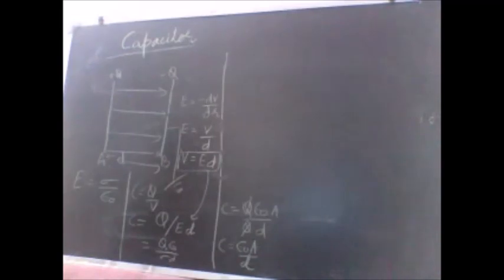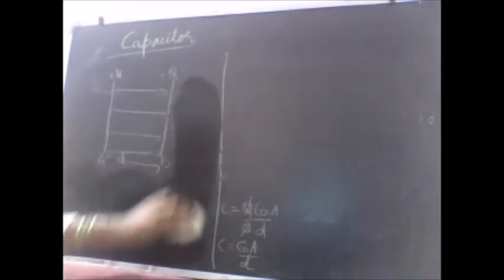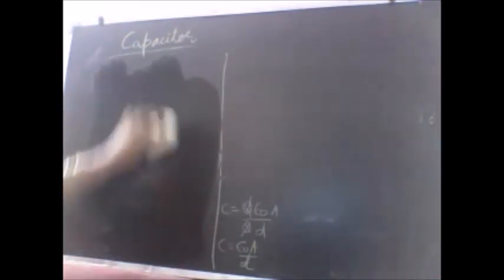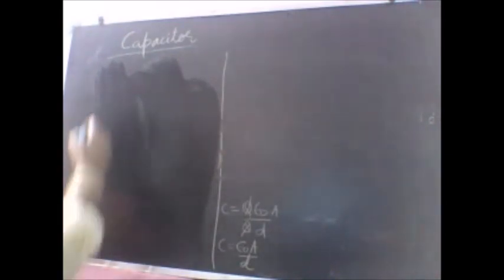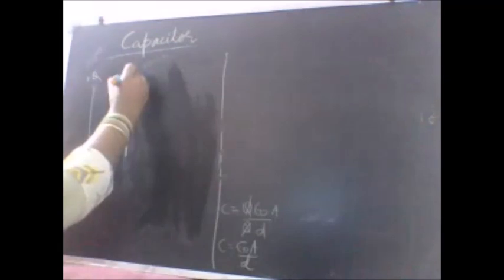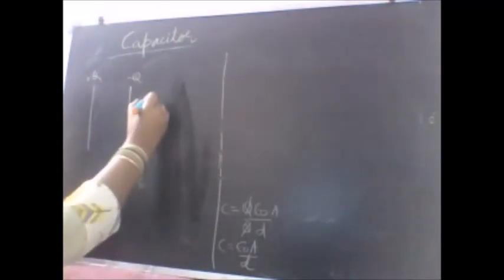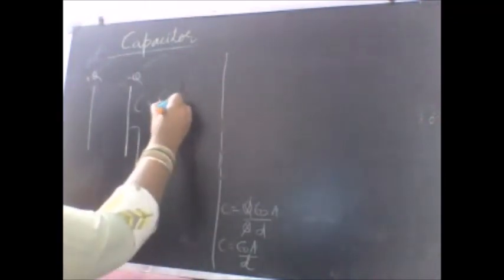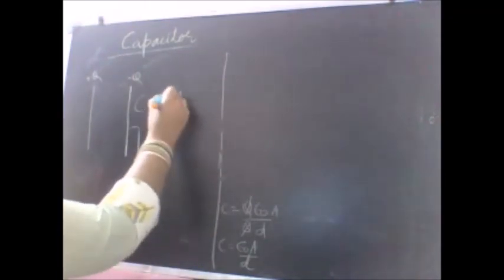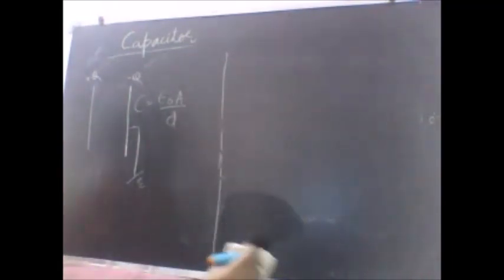This is the formula of the capacitance for the parallel plate, this special case. If you remember, for the spherical conductor, the formula that we obtained was C is equal to 4 pi epsilon naught R, and for the parallel plate capacitor, the formula that we have just obtained is C is equal to epsilon naught A by D. In this formula, charge is not there. In this formula, potential too is not there.